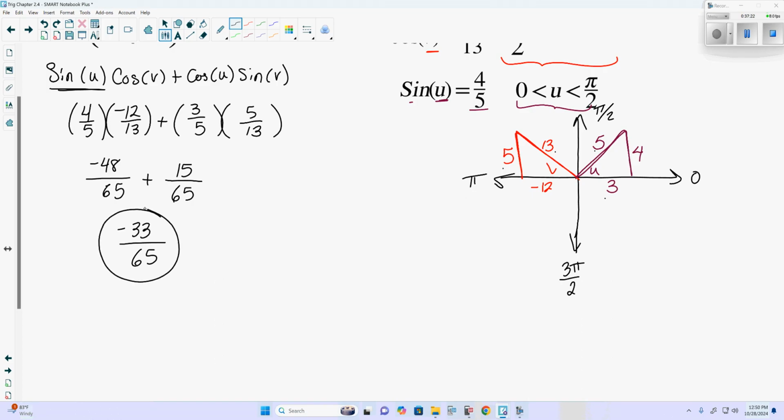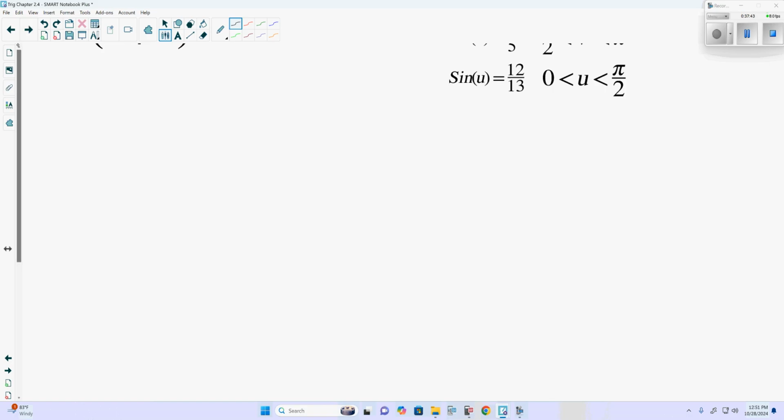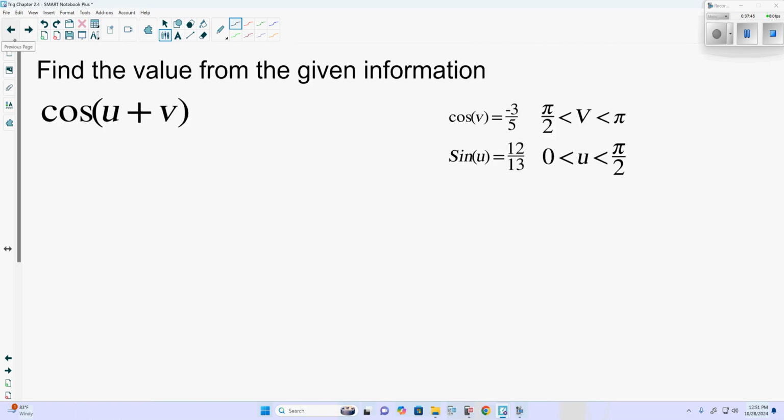And negative 48 plus 15 is negative 33/65. And there are no like terms, so it doesn't reduce. We just have this here. Questions on this here? All right, we'll pick this up tomorrow.